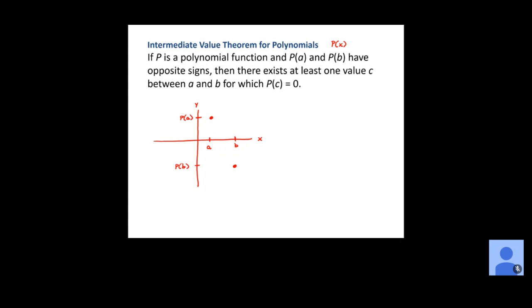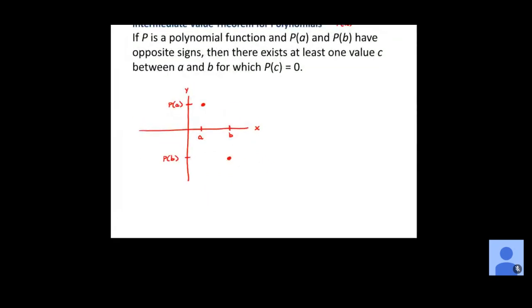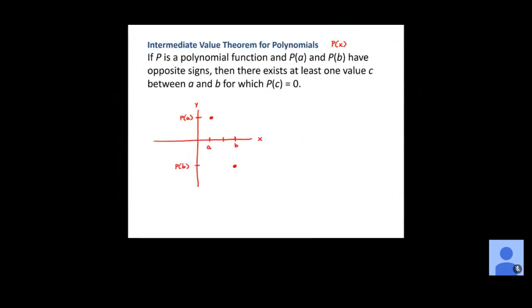Now, this says that there has to be at least one value c somewhere between a and b. So is c going to be an x value or a y value? c is an x value. So somewhere between a and b there's going to be some c value, it doesn't have to be exactly halfway, just somewhere between those two values, where P of c is equal to 0.